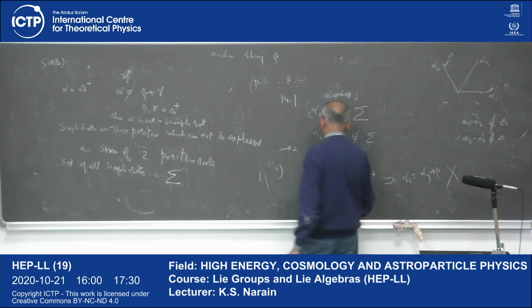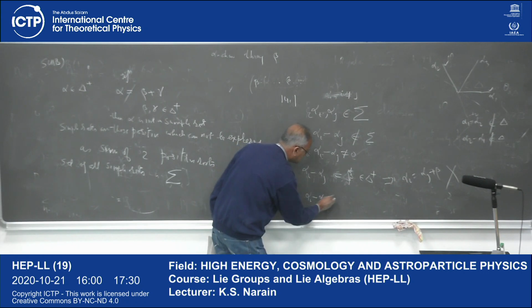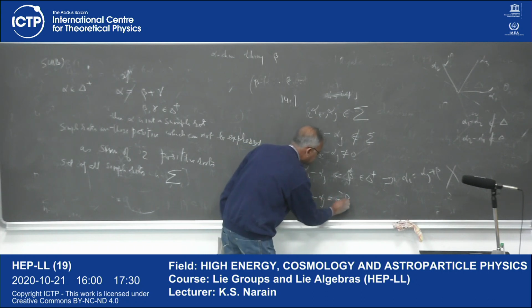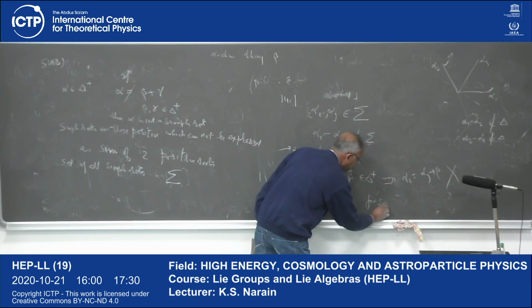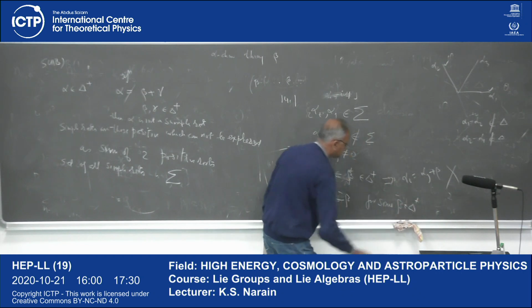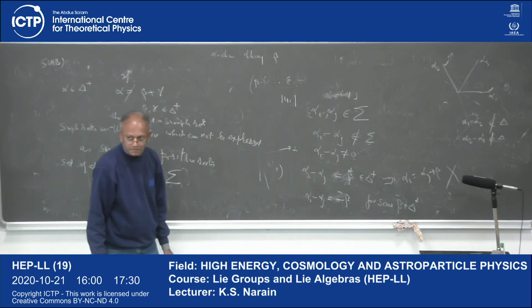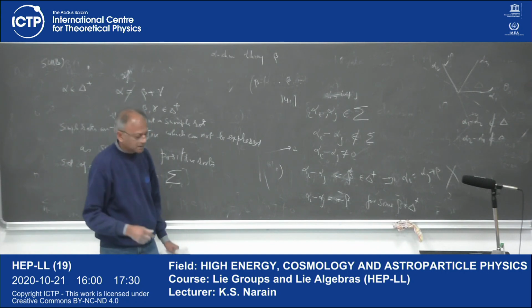What if it was a negative root? Suppose alpha i minus alpha j is a negative root, belonging to delta minus. That means it's equal to minus beta for some beta in delta plus. Again, I'm using the fact that for every root there's a negative of the root.